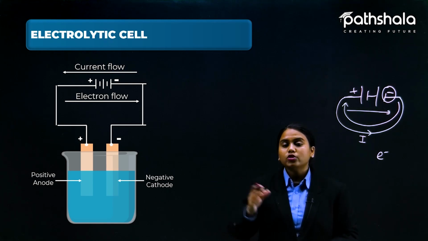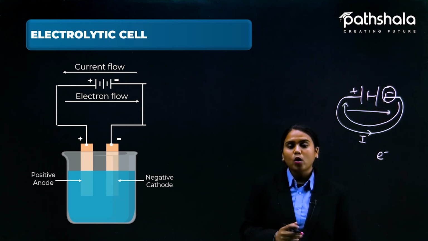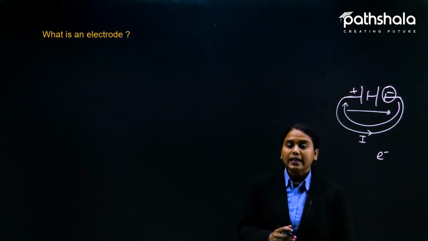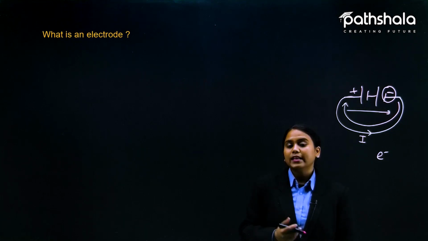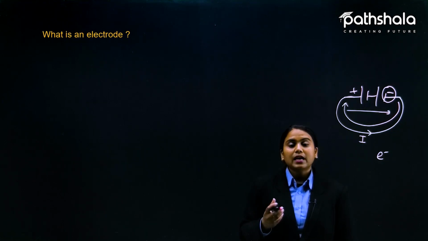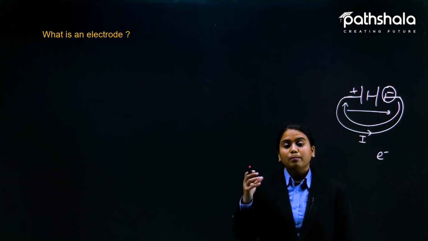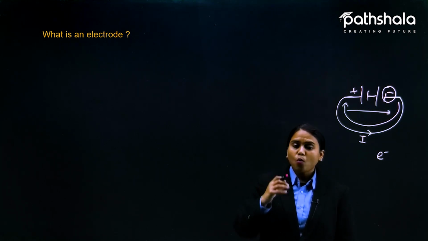Now, these two, cathode and anode, what are they? They are electrodes. So what is an electrode? Basically, they are made up of metal or carbon. Why?